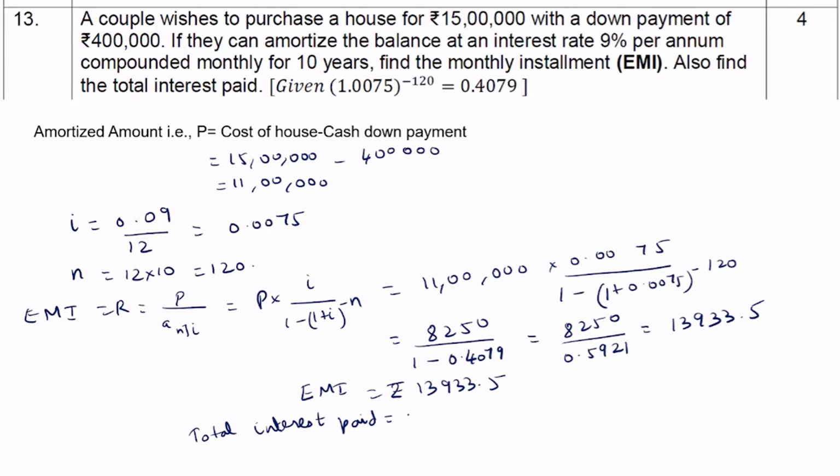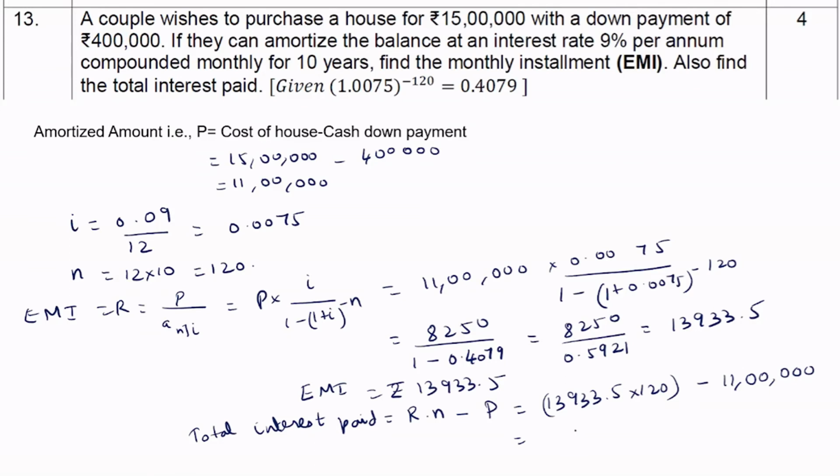So it is equal to R into N minus P. So this is equal to 13,933.5 into 120 minus 11 lakhs.